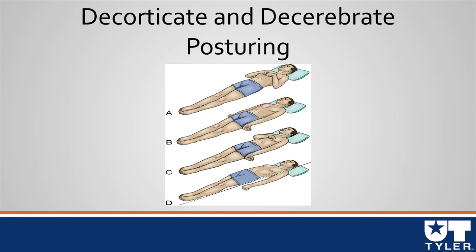All four extremities are in rigid extension with hyperpronation of forearms and plantar flexion of feet. In Figure C, we have decorticate response on the right side of the body and decerebrate response on the left side of the body. And finally, Figure D is opisthotonic posturing.